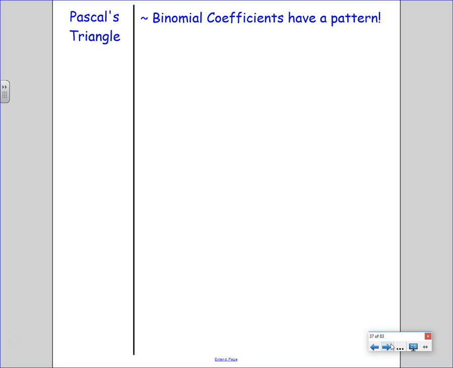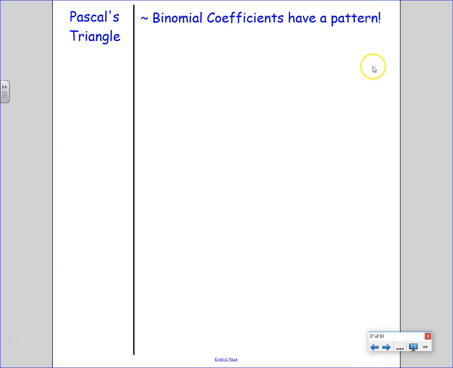Pascal's triangle, you might want to write just a little snippet about it. What we call the binomial coefficients, the coefficients in front of the terms that occur once you expand a binomial, do have a pattern, and it is called Pascal's triangle. You can write this basically just below what we did on the page before.